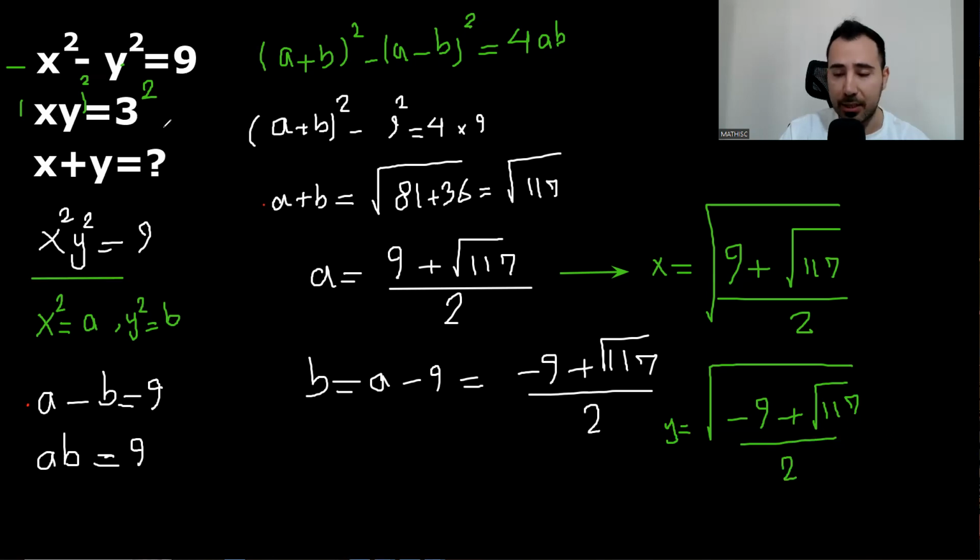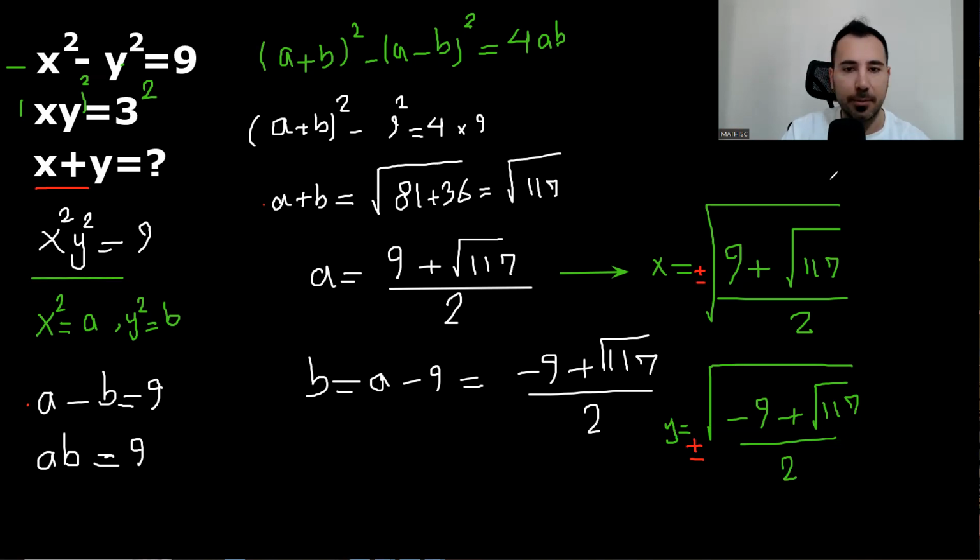So in this case, I'm going to keep both positive and negative. But when we are trying to find X plus Y, we just need to write the positive ones or negative ones.